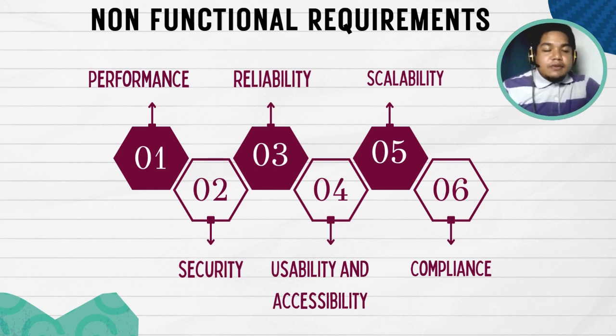The next non-functional requirement is usability and accessibility. Usability in non-functional requirements measures how easy and intuitive the system is for users. This encompasses aspects such as user interface design, accessibility, and the overall user experience.